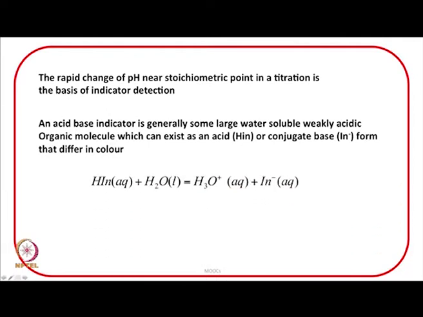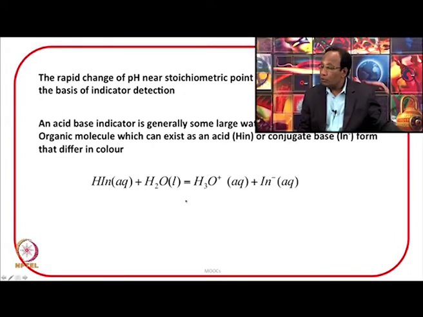The proton transfer equilibrium will be this. You have an acidic form of the indicator, HIN. It will donate its proton, form hydronium ion, and will have IN minus, and these two will have different colors. That is, before the titration it will have the color specific to this, after the titration it will have the color specific to this.